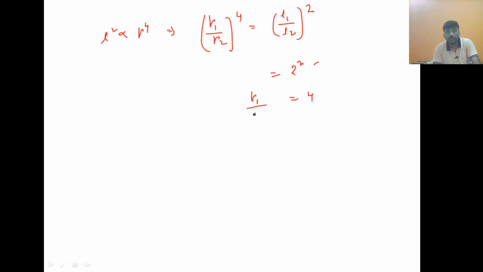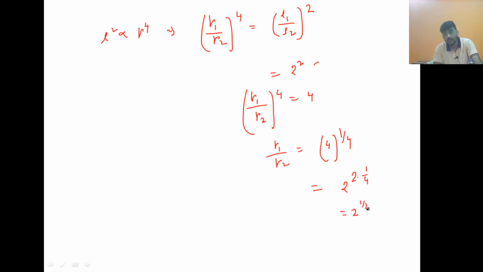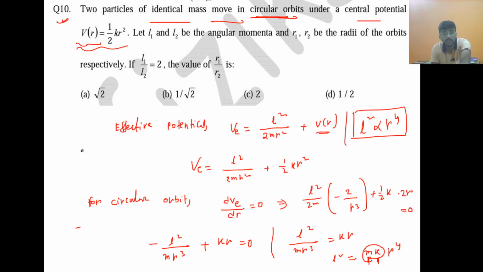So r1 divided by r2 whole to the power 4 will be 4. So r1 divided by r2 is equal to 4 to the power 1 by 4. That means 2 square into 1 by 4, that will be 2 to the power half, that is root 2. So r1 divided by r2 will be root 2. Let me check the option. So option A is correct. Question number 10, option A is correct.